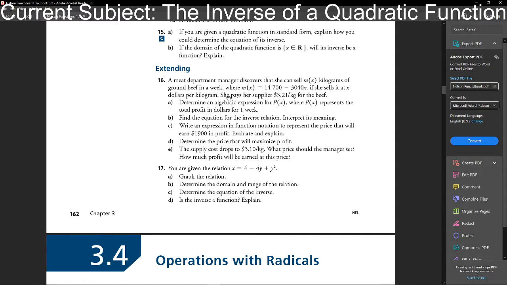X dollars per kilogram, she pays her supplier. Like I'm misunderstanding what x is here. I thought x would be units moved, so that she can sell m of x, so y kilograms of ground beef in a week.